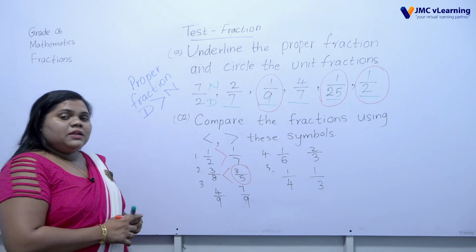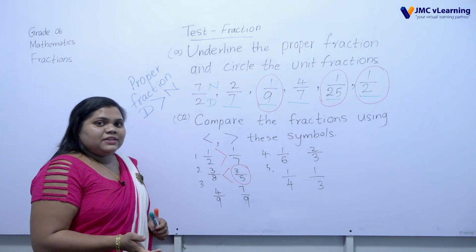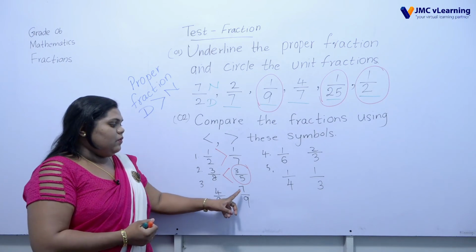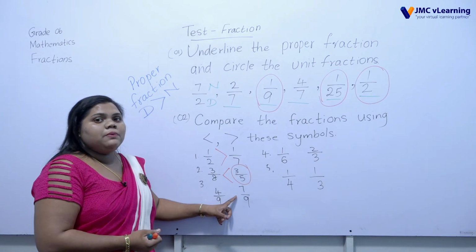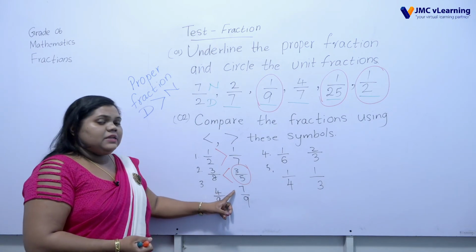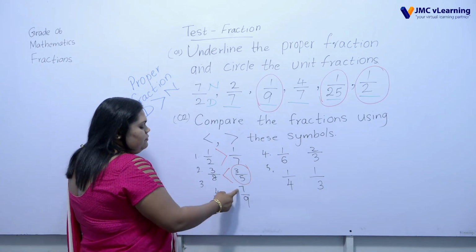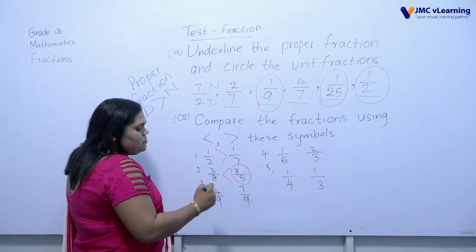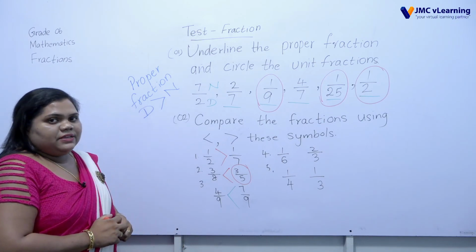If the denominators are the same, how can we find the larger fraction? You want to get the larger numerator. Bigger numerator gives the larger fraction. So when we compare 4 and 7, 7 is the larger number, so this is the larger fraction.